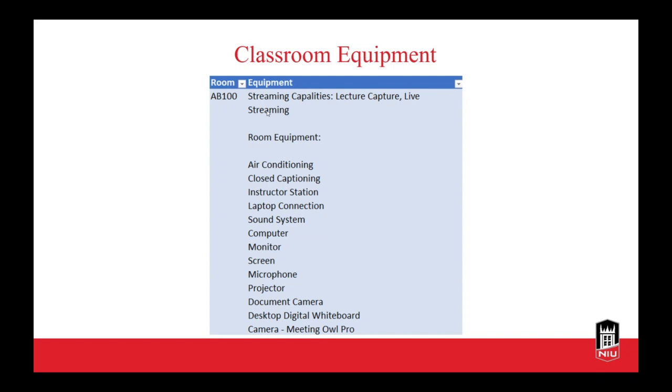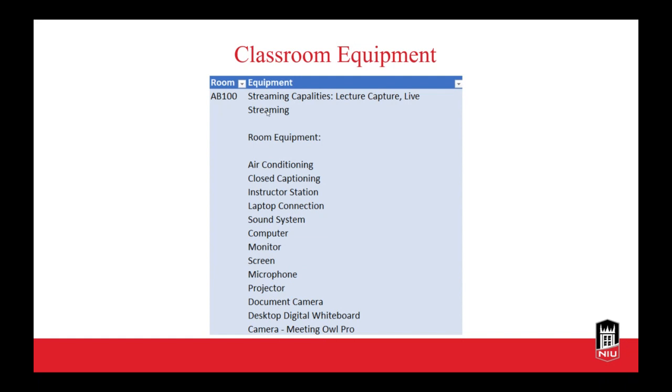And so this room has, I'll just start with the instructor station, or you can connect a laptop. It has a sound system to play audio so that students in the classroom can hear audio from the computer. It has a computer and a monitor and a screen for the projector and a microphone. This room in particular actually has a microphone for amplification. Not all rooms will the microphone amplify you. In some cases, it may only be there for streaming.